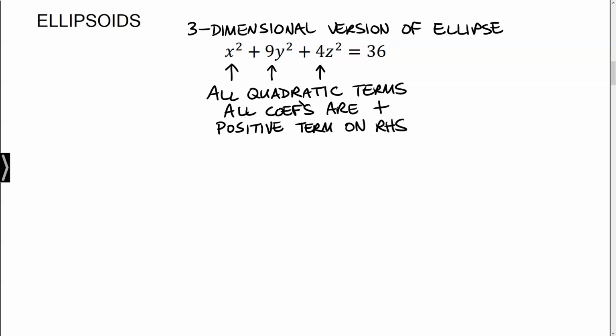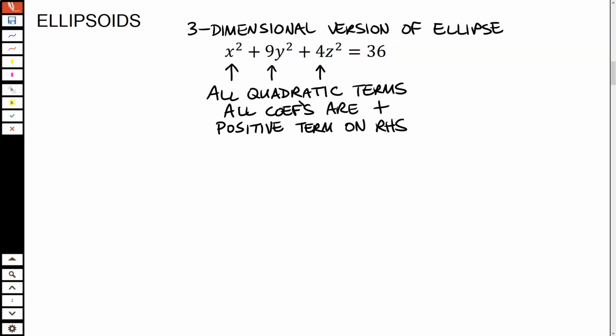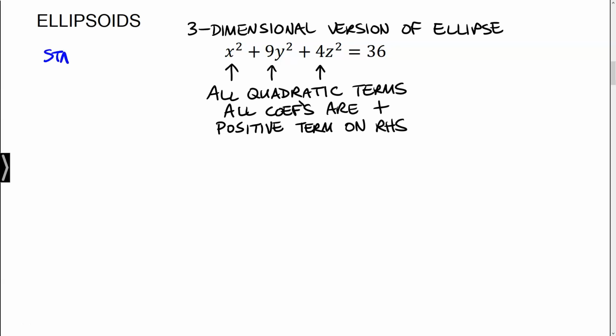All right, over on the side here, I'm going to put what we'll call the standard form. All I mean by standard form is the form you can get it into so that you can graph it the easiest and see what's going on. The usual standard form for an ellipsoid centered at the origin with the coordinate axes as the axes would be x squared over a squared plus y squared over b squared plus z squared over c squared is equal to 1.